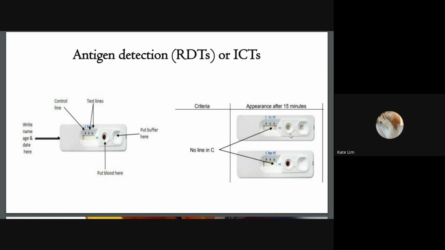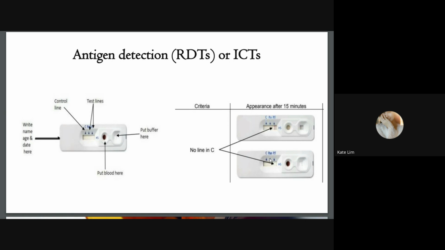If there's a line in C and PAN, in here, this one, there's a line in C and PAN. PAN means all. So usually PAN points to Plasmodium vivax. Usually, but this could also mean that the patient may be suffering as well from Plasmodium malariae and ovale.